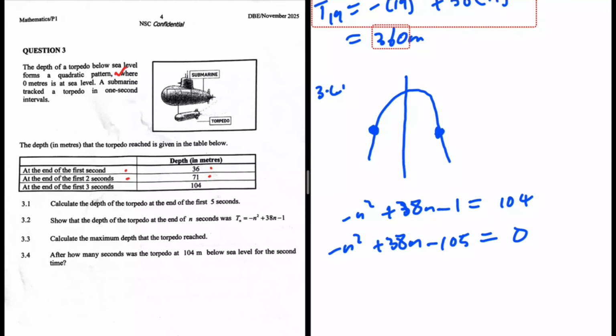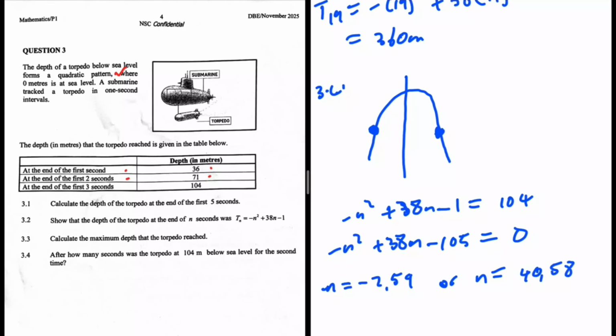So n is equal to minus 2.59, or n is equal to, let me see, 40.587.